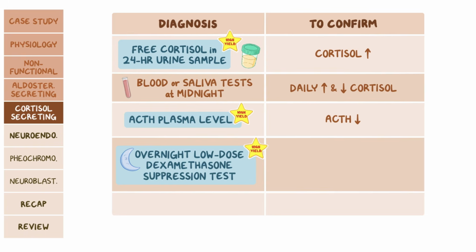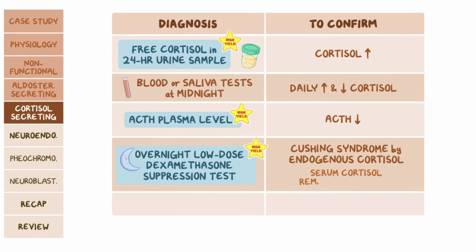Normally, that should cause a decrease in ACTH and serum cortisol levels by morning. But if Cushing's syndrome is caused by endogenous cortisol production, then the serum cortisol levels should remain unchanged. And finally, an abdominal CT or MRI might help locate and differentiate a benign tumor from a malignant one.